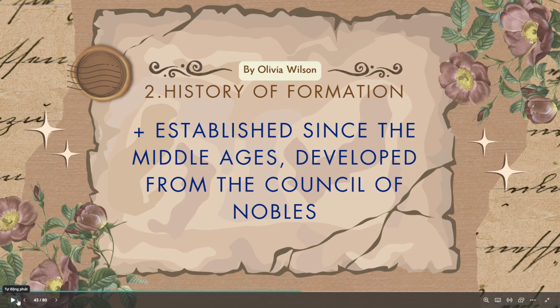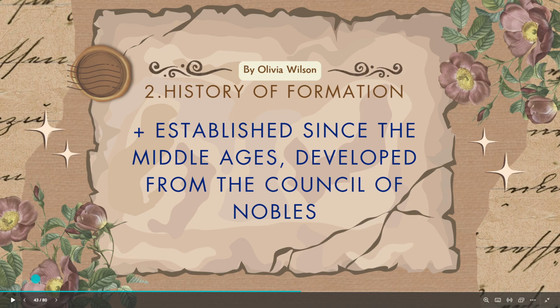Next, the House of Lords has a long and complex history, reflecting the development of politics and society in the United Kingdom. Here's a summary of the history of its formation and development. The Lords originated as assemblies of kings and nobles to advise on important matters.